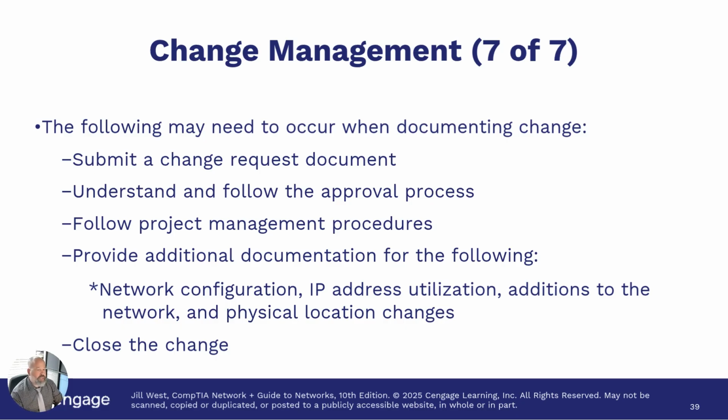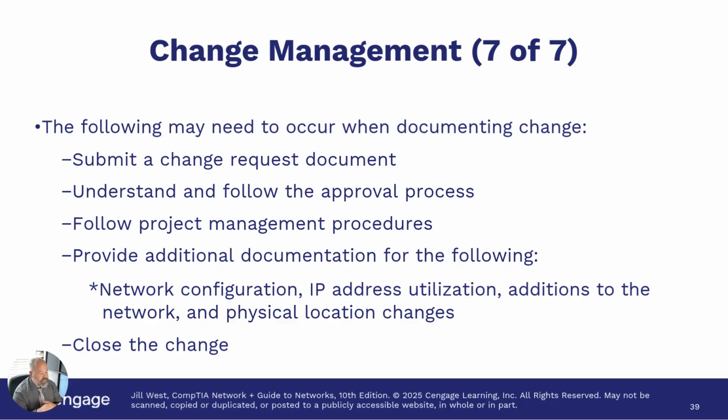So when documenting changes, here are some things that you may need. You may need a change request. And we're really kind of getting into more of vendor type of things. It kind of depends on your environment. But a change request is a formal request to make a change. Approval process is getting permission from the right people. Project management is following established procedures.